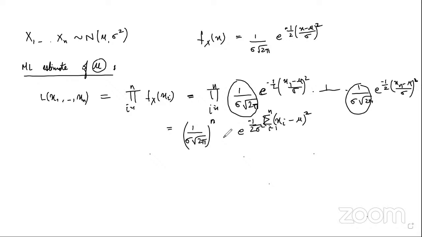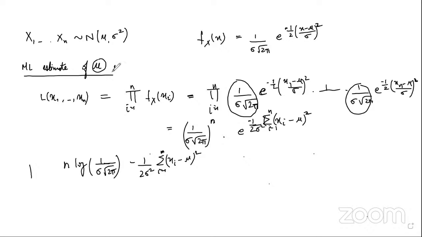Once we take the log, it comes out to be n times log of 1 upon sigma under root 2 pi, minus 1 upon 2 sigma square, sum over (xi minus mu) whole square, i varying from 1 to n. Correct?